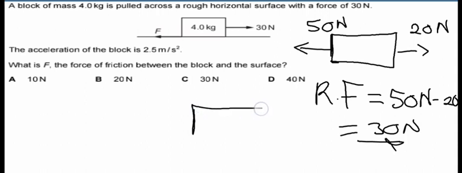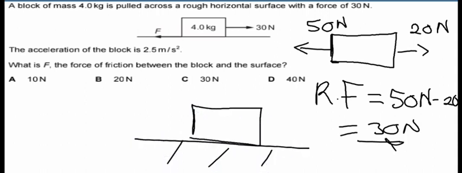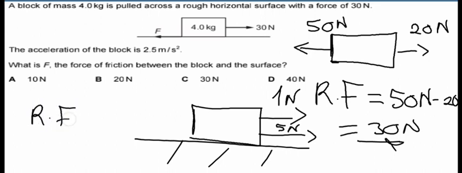Another one, if you have a block on the surface, then you have two forces which are acting in the same direction. Suppose we have this one as our 1 newton and this one as 5 newtons. For us to know the resultant force here, the resultant force is going to be equal to, now since the forces are acting in the same direction, we need to add.